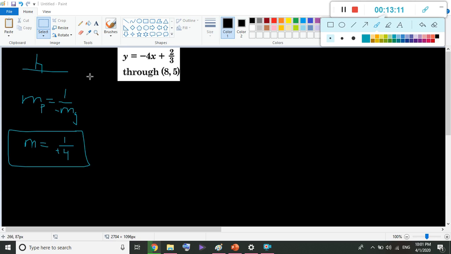Now we got the slope and we have a point, so again we're going to solve it in the point slope form. Then we're going to convert it into the slope intercept form. So it's going to be y minus y1, which is 5, equals the slope 1 over 4, x minus x1, which is 8. Now we're going to distribute.